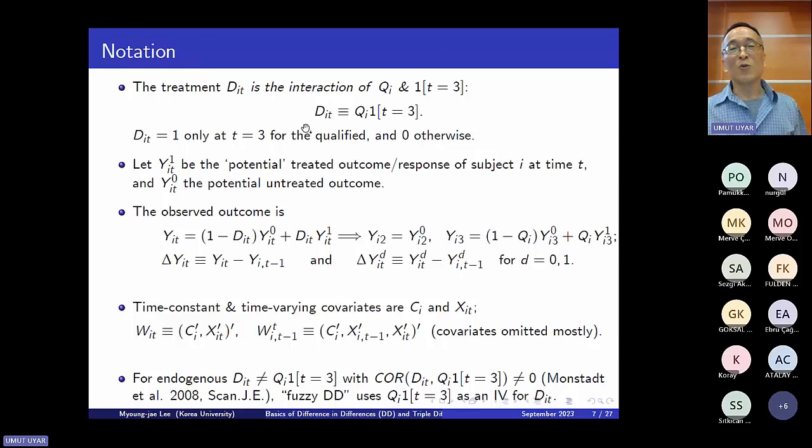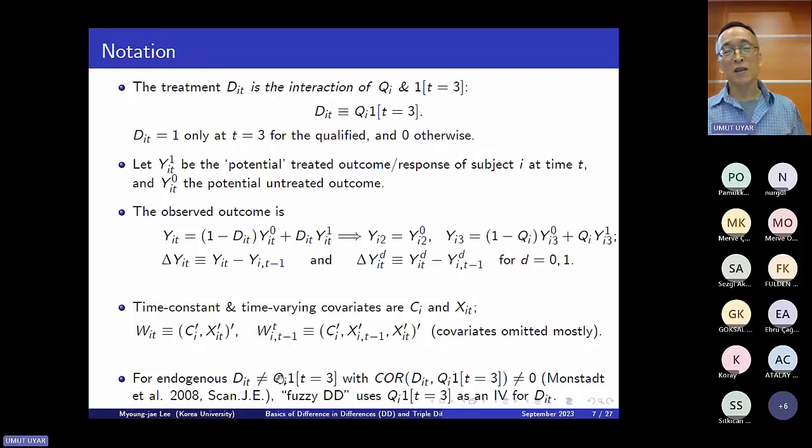Although I address this case only, there are some cases where treatment is not exactly equal to this product. Namely, this happens. In this case, usually we just apply OLS, panel data OLS, or cross-section OLS, depending on whether the data set is panel or RCS.